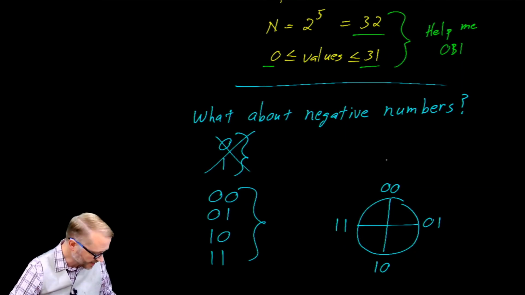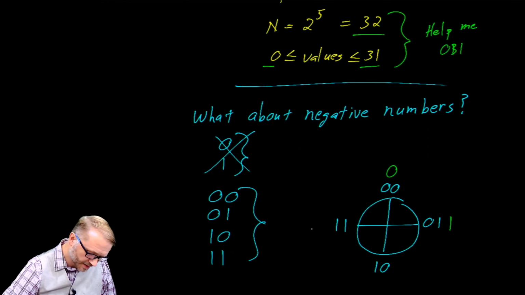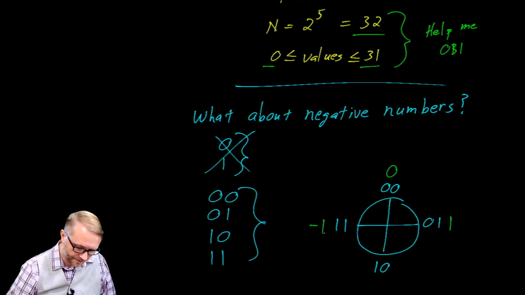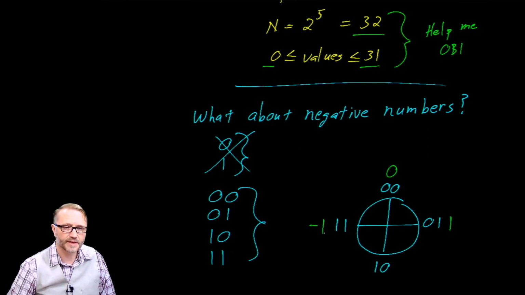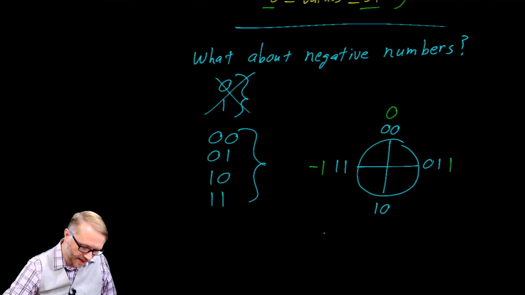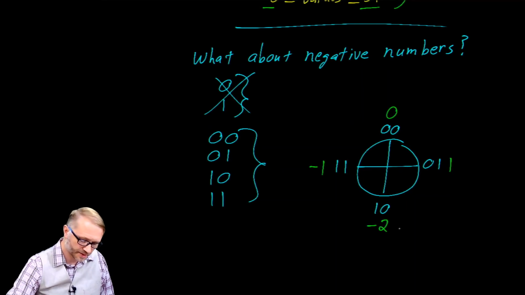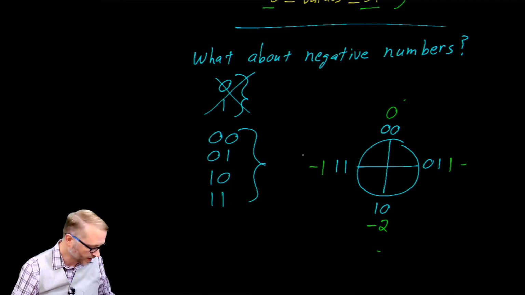We would call this 01. We may as well call this negative 1. But what do we call the one on the bottom? We're going to call that negative 2. So this particular circle goes from 0 to 1 to negative 2 to negative 1.